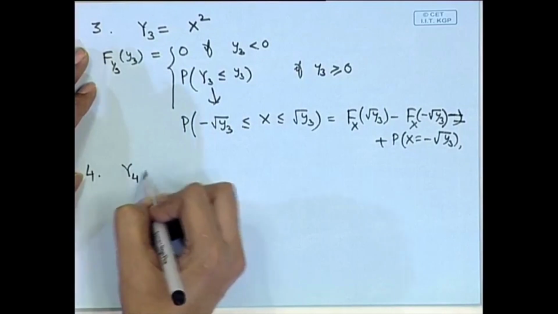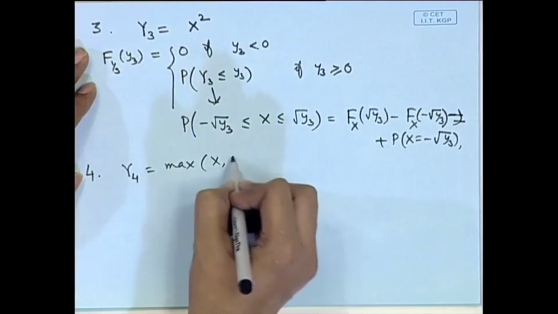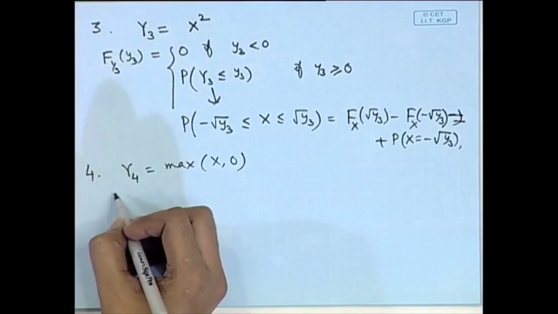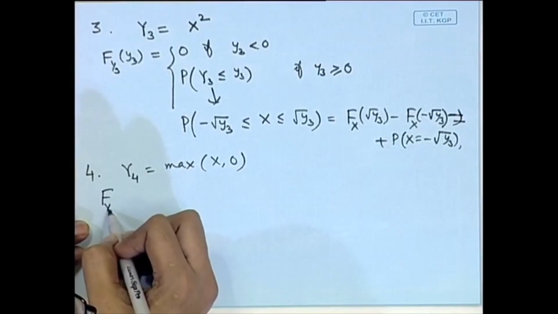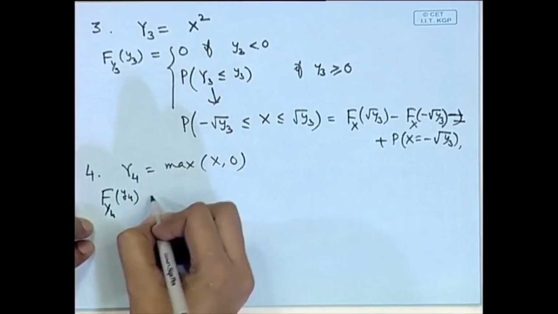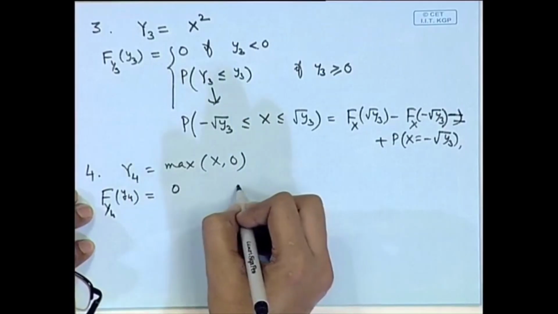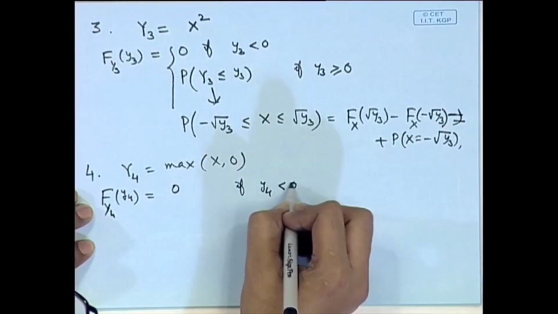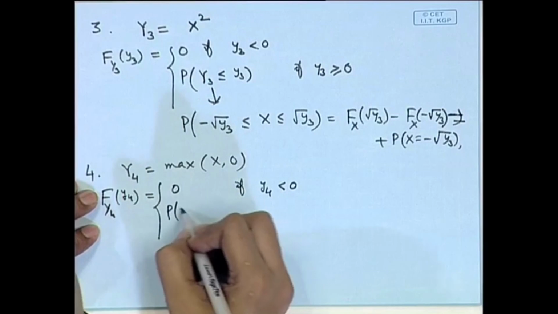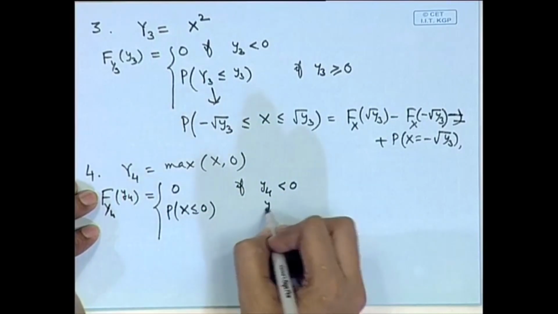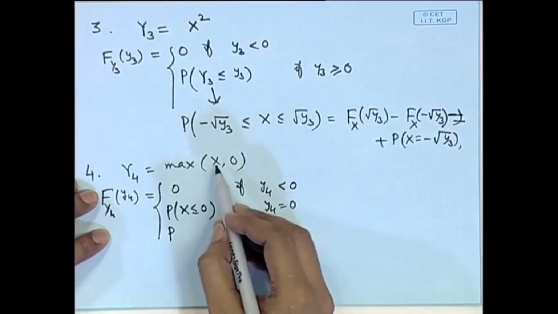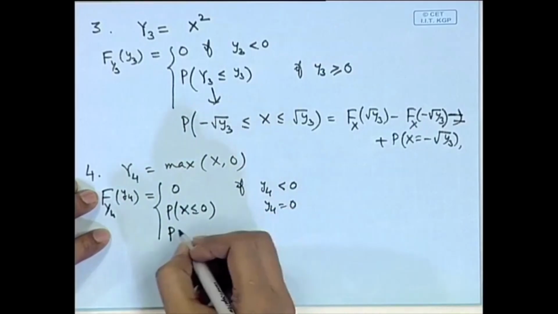Let us consider the function y4, which is maximum of x and 0. Here, for F of y4, once again you can notice that this random variable is also non-negative. So, this will be 0 if y4 is negative. If y4 is equal to 0, then this is simply probability of x less than or equal to 0, and if I consider y4 positive, then it is the probability of x less than or equal to y4.